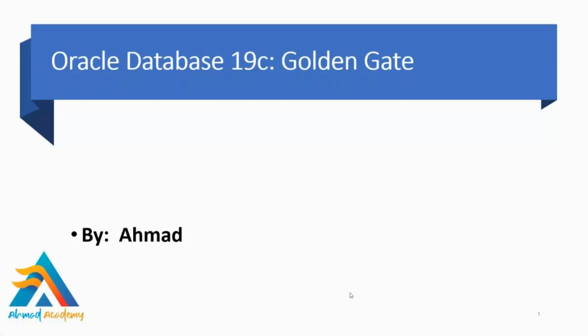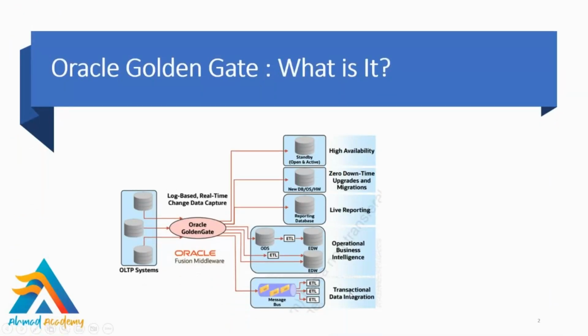Okay. So why Oracle Golden Gate and what is it? Basically, Golden Gate is an Oracle Fusion middleware which enables you to replicate data across various databases on your client side, and Oracle Golden Gate moves data within a second.